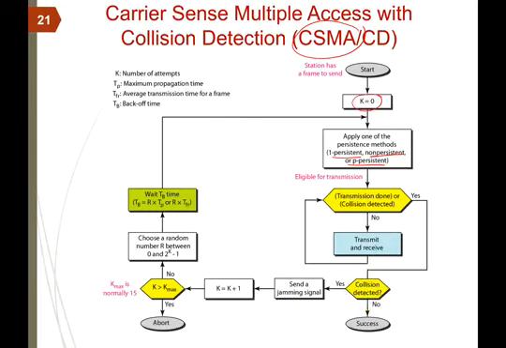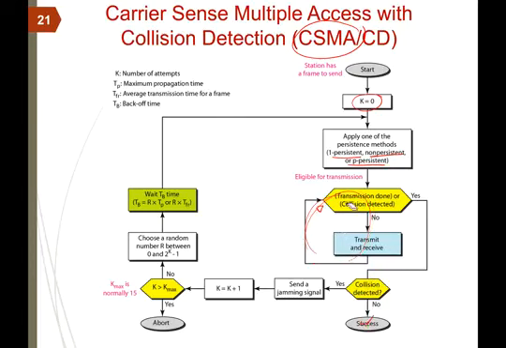But if a collision is detected, then go to the following procedure. Now if the transmission is not complete, you continue to send and receive until your transmission is done. So when you finish your transmission, you check if a collision is detected or not. If it's not detected, then you sent your data successfully.